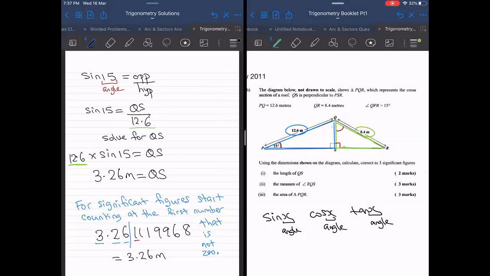Remember, we now know that this part is 3.26. So use that to help you, for those persons who are here on Sunday.